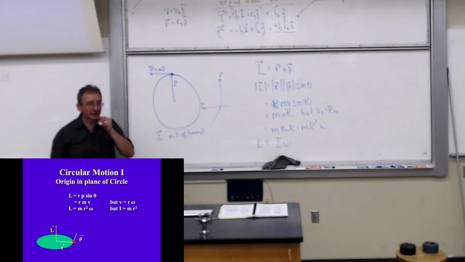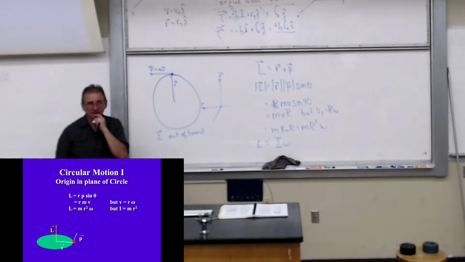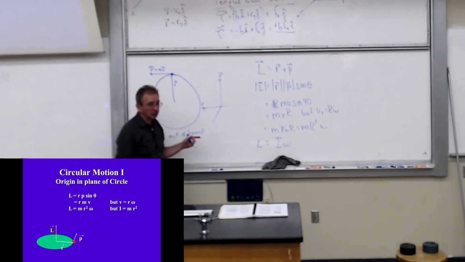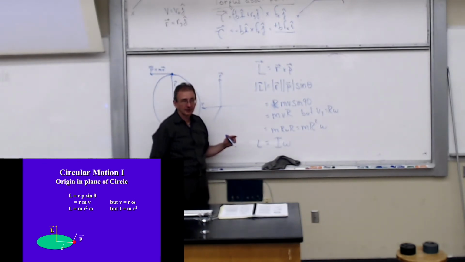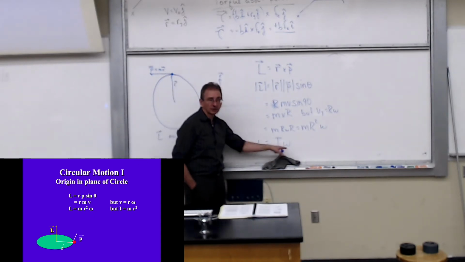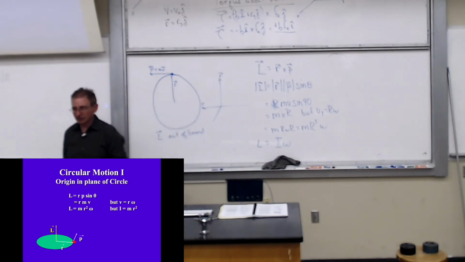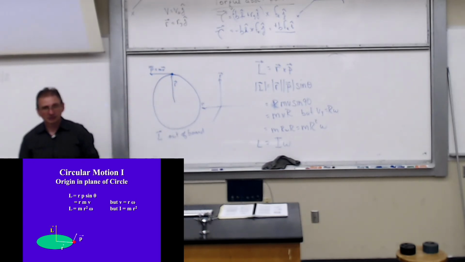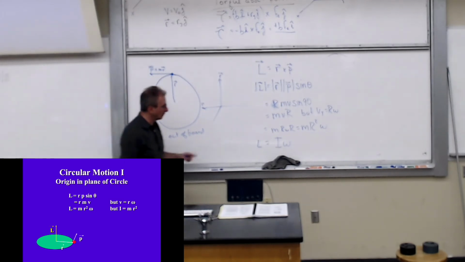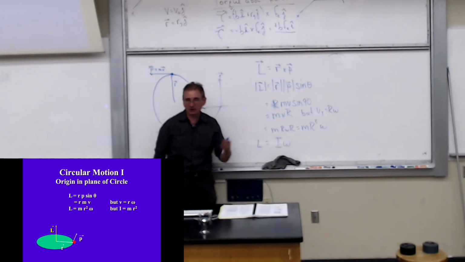Now, I didn't write that as a vector. This relationship is only true when these two are parallel to each other. I'm going to show you an example when they're not parallel. Generally, when they're parallel, we define the direction in which omega points as the z direction.